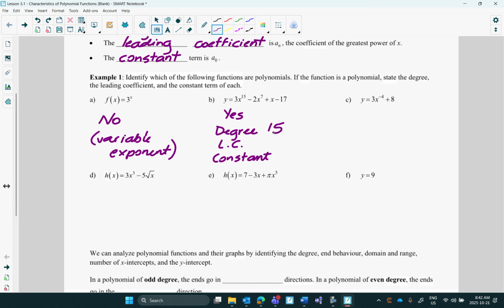What's the leading coefficient now that you know the degree? 3. It's the number in front of the term that contains 15. What's the constant? Negative 17. Next one. Yes, no? Look at the exponents. Remember what I said? The exponents have to be whole numbers. They can't be negative. No, because we have a negative exponent.